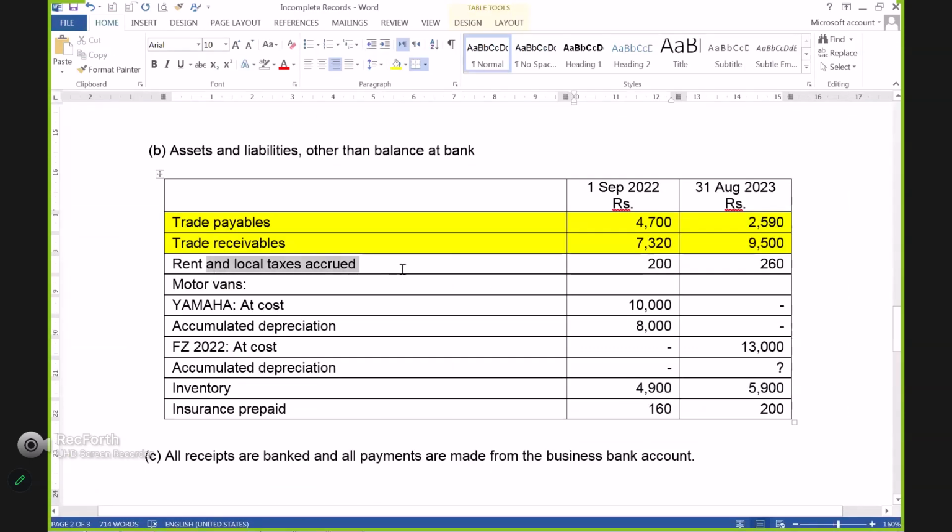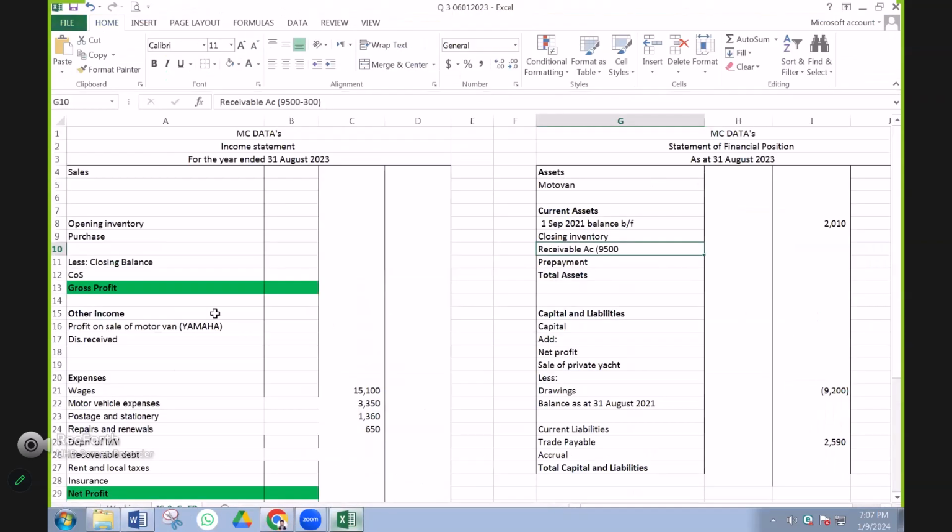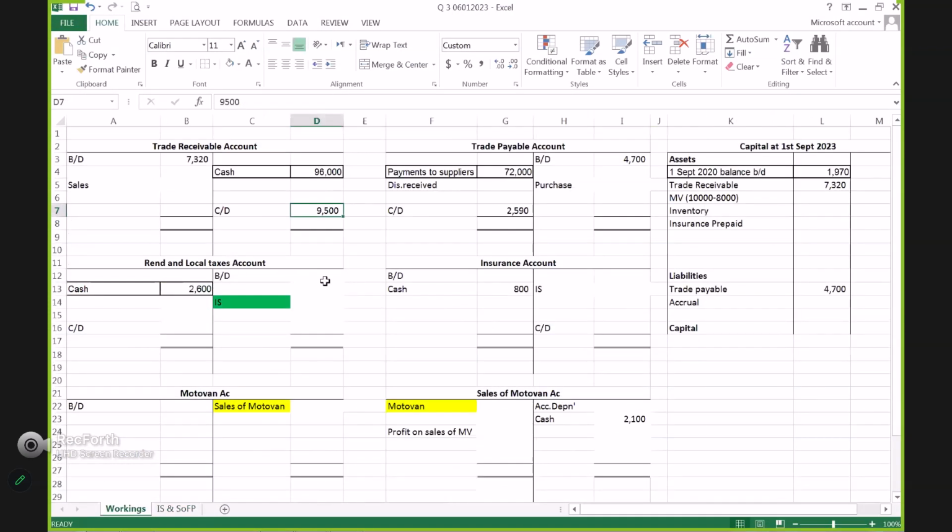Next one, rent and local taxes accrued. Accrued means it is a liability, opening liability as well as closing liability. So the accrued is a liability. Therefore, in the rent and local tax ledger, the balance is a liability, opening balance, then closing balance 260, opening balance 200.